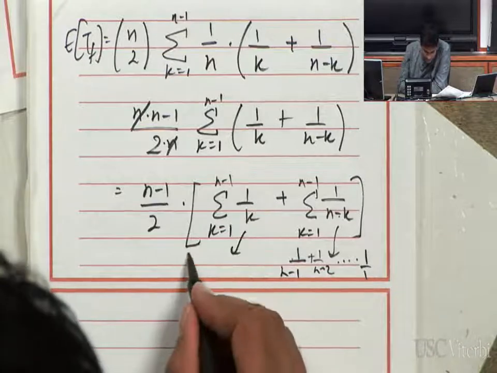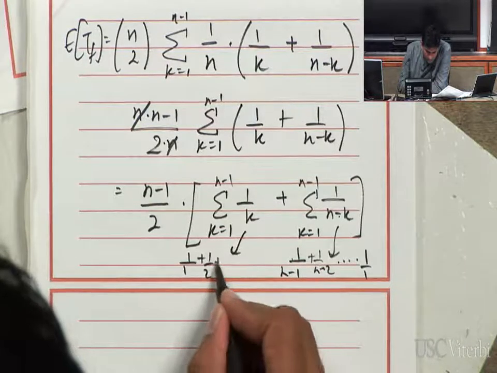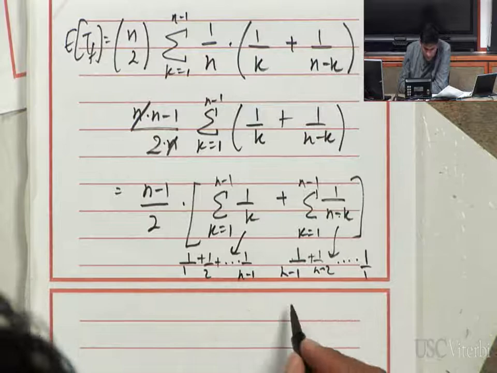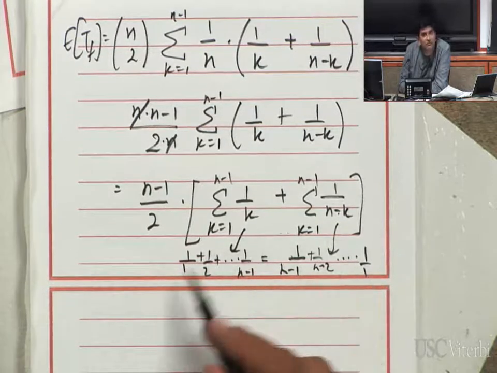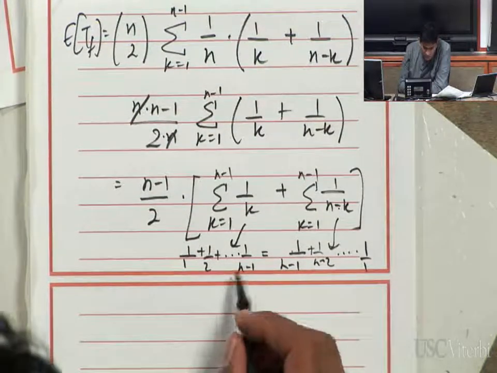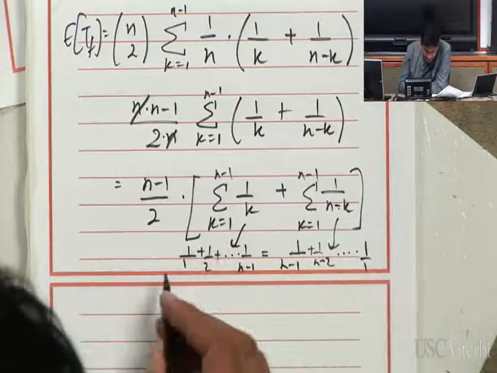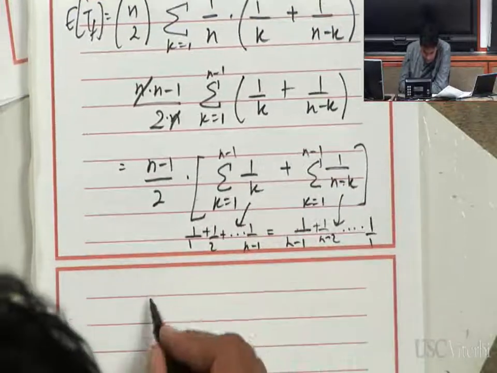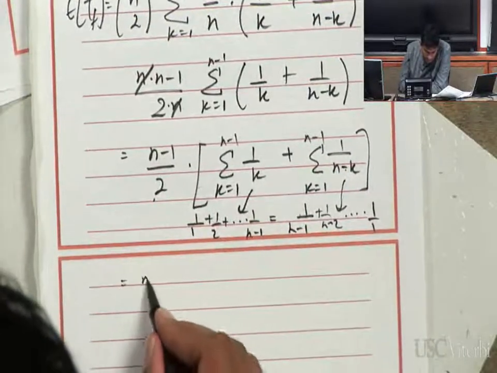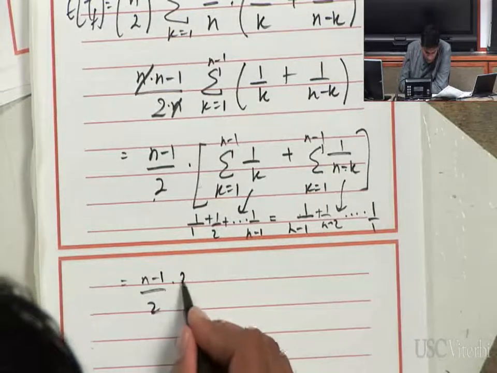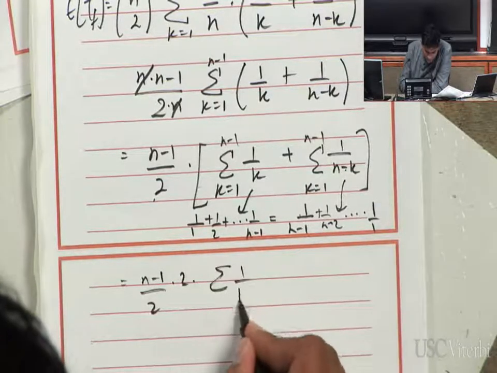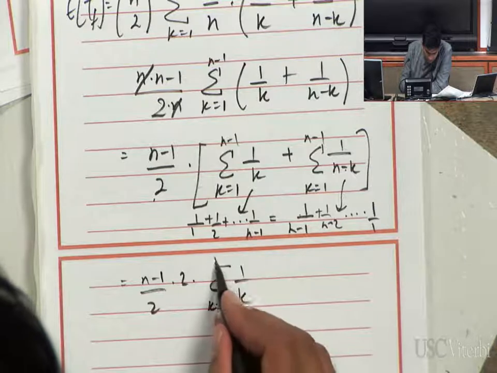This is all the terms 1 over 1 plus 1 over 2 plus dot dot dot, 1 over n minus 1. And you can see that these two are basically the same term, right? And so, in fact, they cancel each other out. You're just left with 2 times one of these, and that 2 cancels with this 2, so you're left with n minus 1 over 2 times 2 summation 1 over k, k goes from 1 to n minus 1.